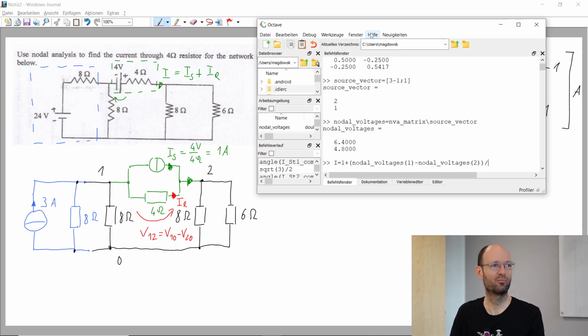Current is voltage divided by resistance, let's not make the same mistake as before.